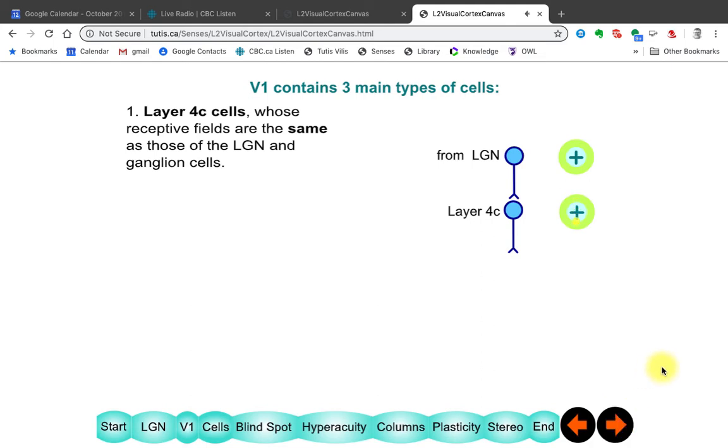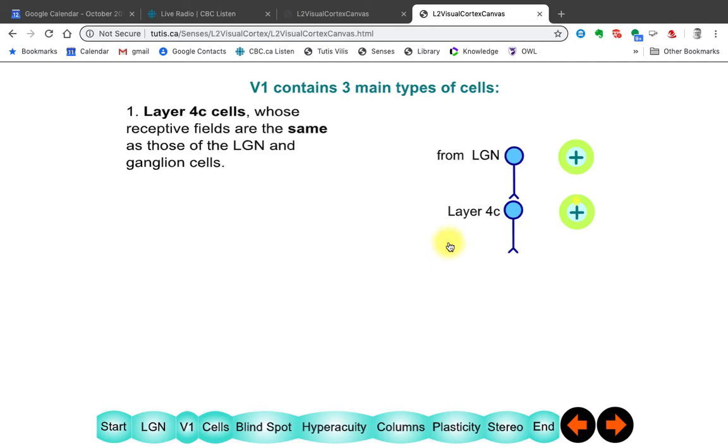Now, what's happening in these neurons? So, in these neurons, you have cells in layer 4C, and this is a signal coming from the LGN, the thalamus. So it goes from the thalamus to layer 4C, and you can see both have these circular receptive fields, as we saw in the retina itself.